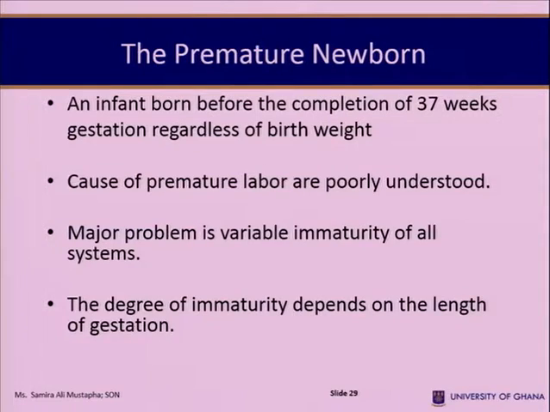It's also very important that you note that the major problems of premature infants vary. And also you have to note that the degree of maturity or survival improves as the gestational age and the weight improve.